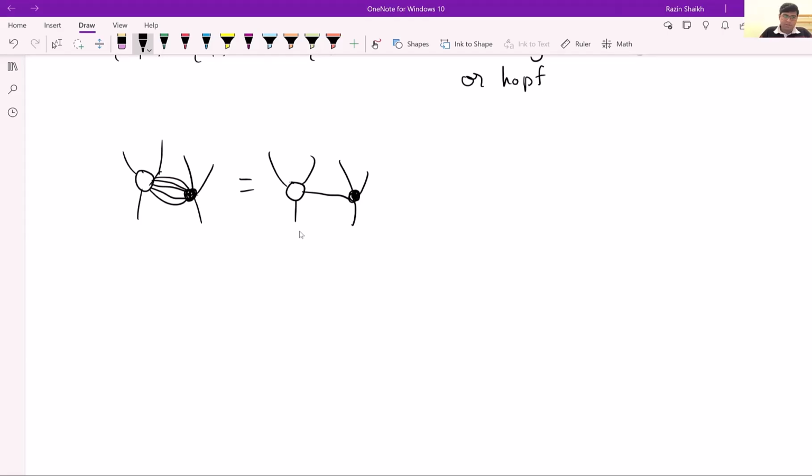So I'll define a new kind of box. Here we defined 2 spiders. Now I will define a different kind of box, which is called the color change box. And in quantum computing literature, this is also called the Hadamard gate.